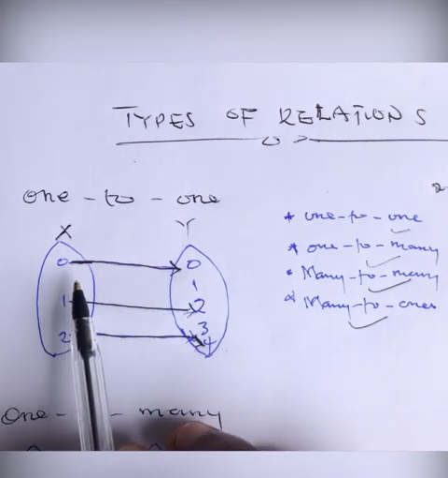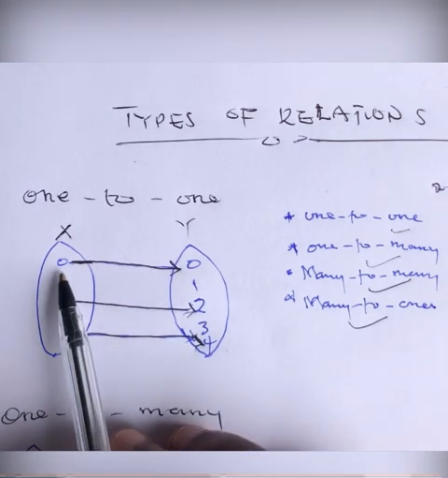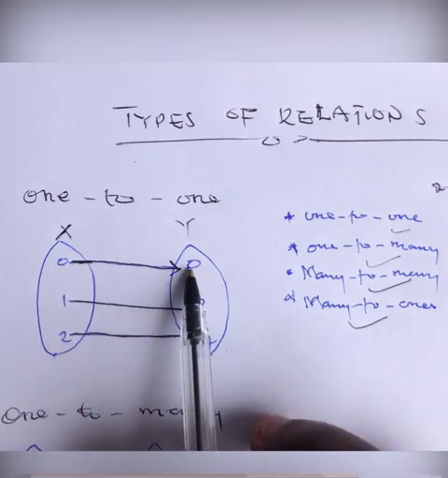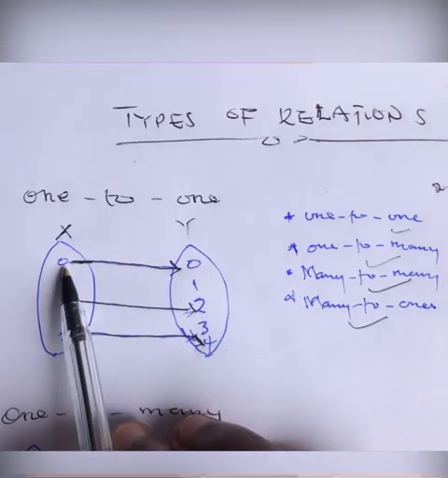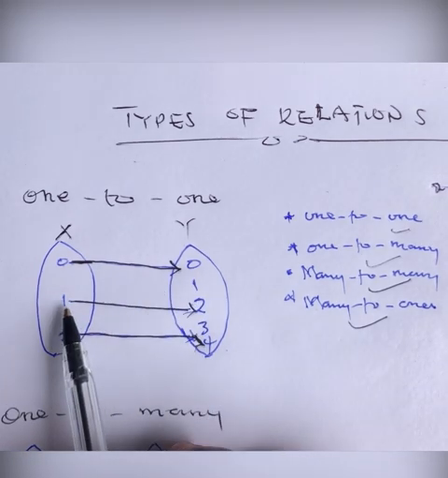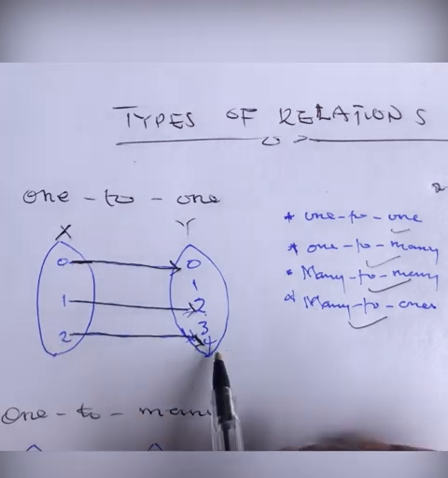So 1 to 1. Now let's look at this one. You see 0 is mapping onto only one member. So one member from the domain is mapping onto only one member in the codomain. This one is also mapping onto 2, and this 2 is mapping onto 4. That's why I call it a one-to-one relation.